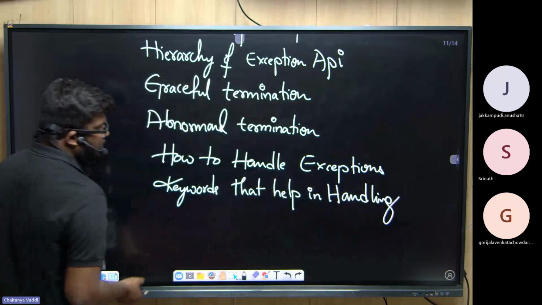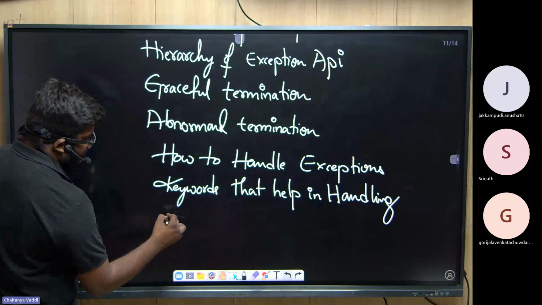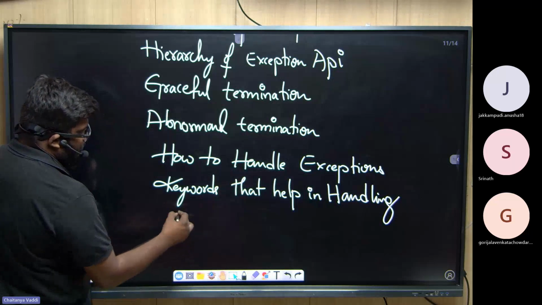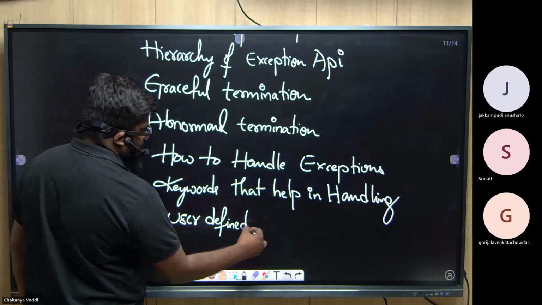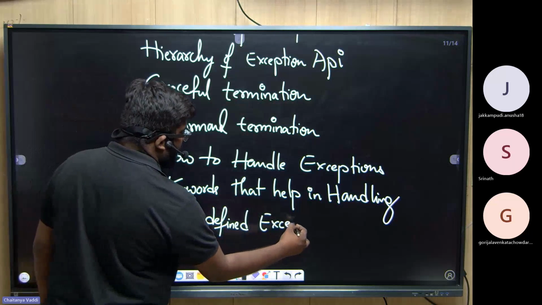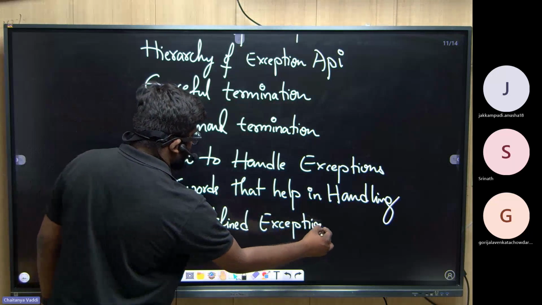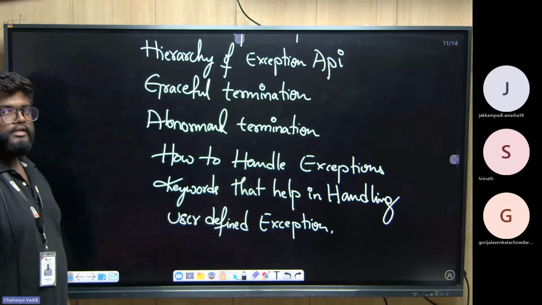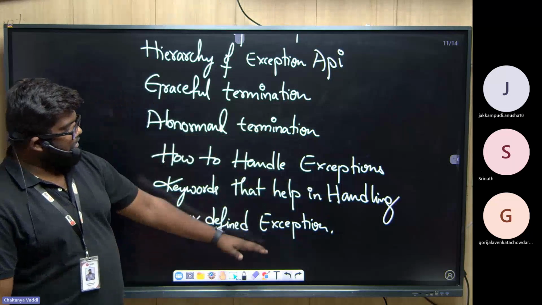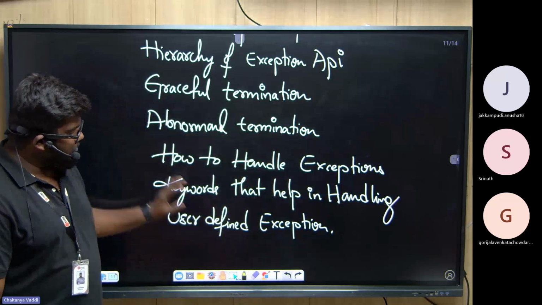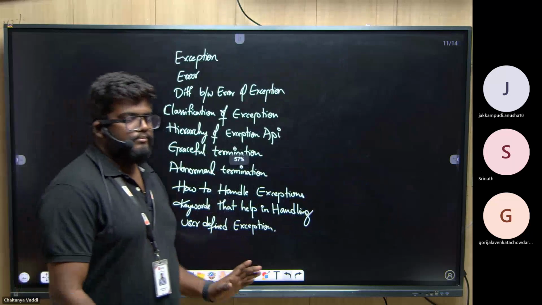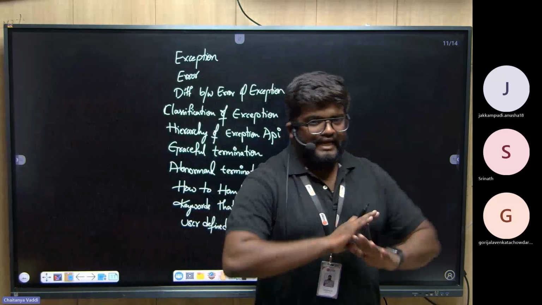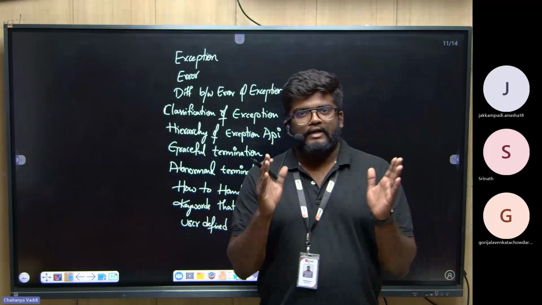And then user defined exceptions. How to create a user defined exception is something that we are also going to see at the last. These are the pending topics that we have. We have almost covered the theoretical part of exceptions.